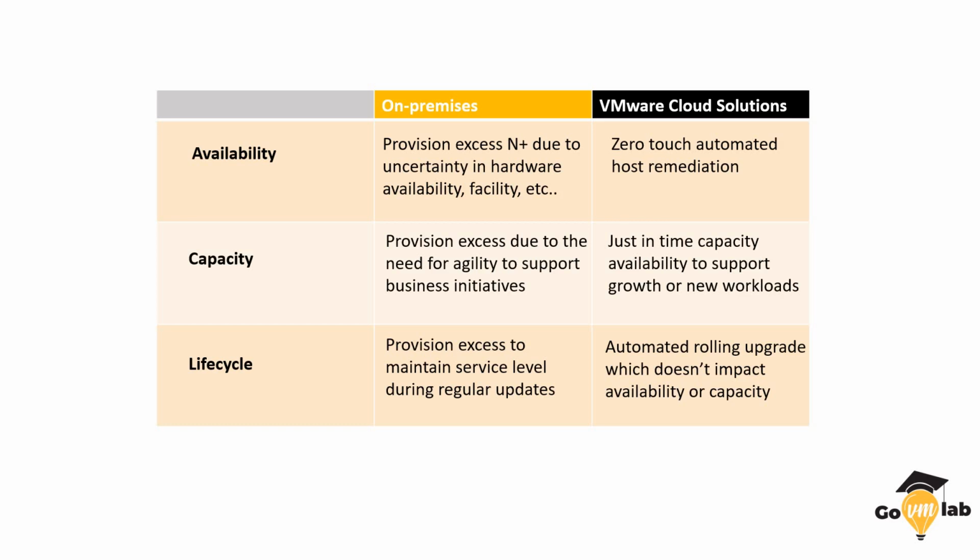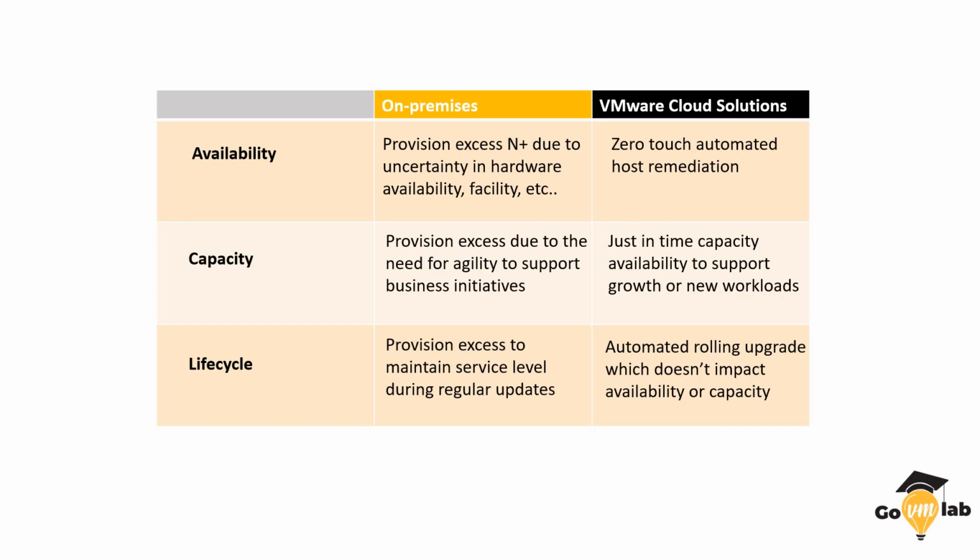But we as a customer do not pay any additional fees for that additional host which is added by VMware to the existing cluster to support the upgrade or regular update activity. So that's the power of VMware Cloud Solutions.